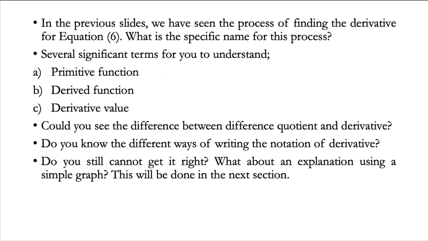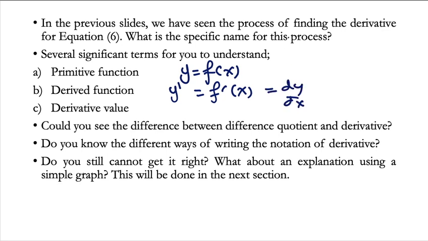In our case here, let me use a different color now. The primitive function is y as a function of x. What is the derived function here? The derived function is the derivative function, so y prime equals x prime. This one is the derivative, or dy over dx, isn't it? Now, what's the derivative value? The answer in our case here is 4x naught, isn't it?